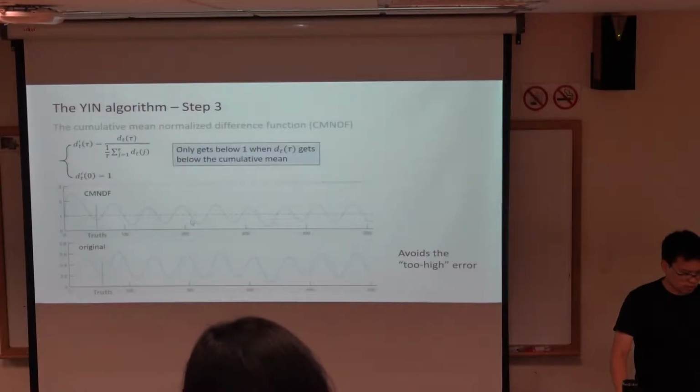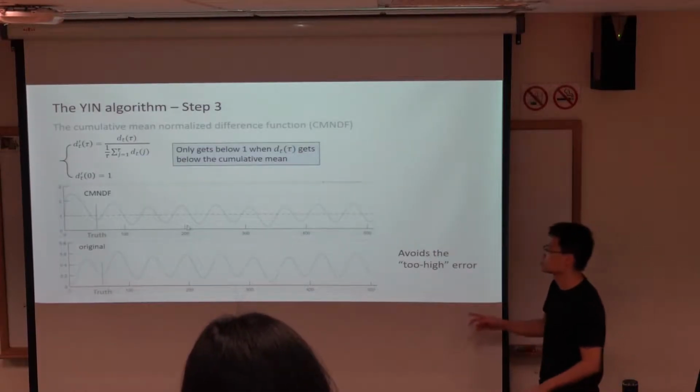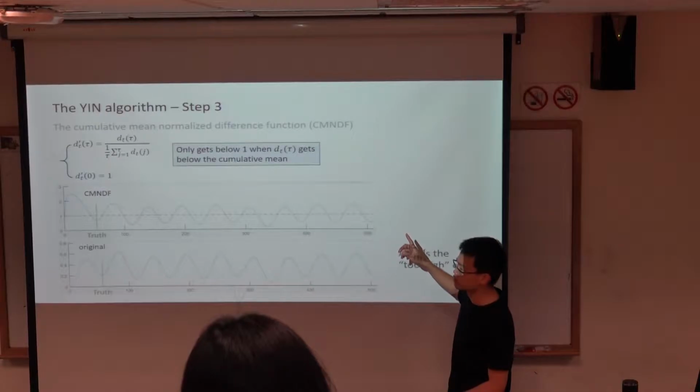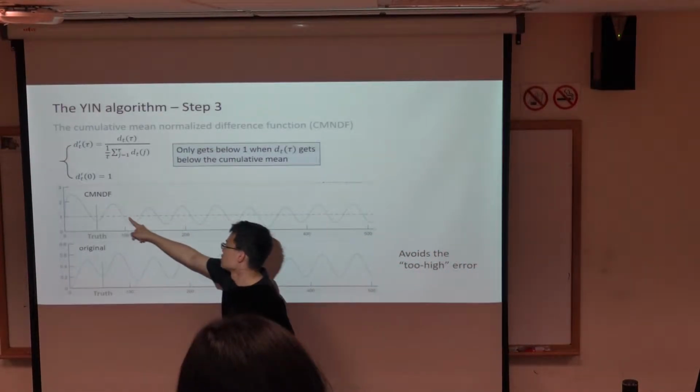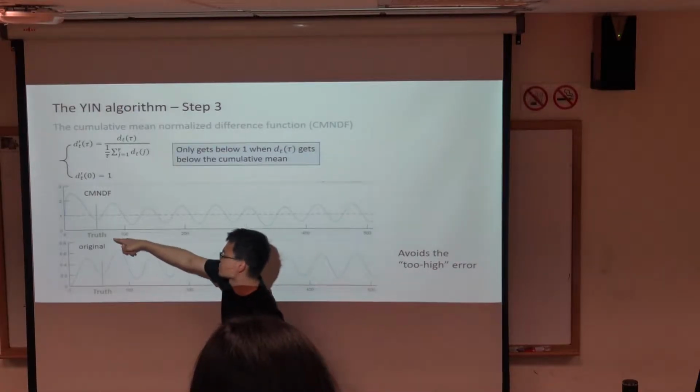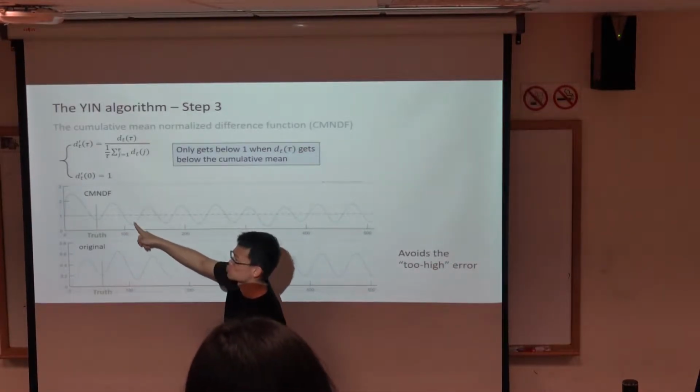And there's another problem. So step 4 actually tells us how to choose the minimums here, because we still found that we're more likely to choose this, right?